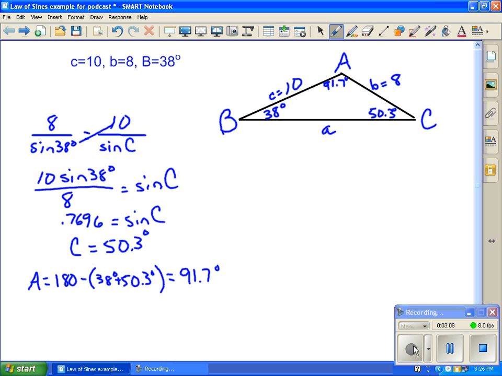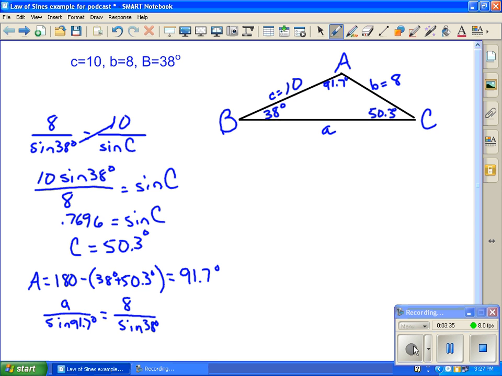Okay, and if we use the law of sines to find side a, well, side a is across from that 91.7. So sine 91.7 equals, we were given 8 was across from the 38, so I'm just going to go back to that one, 8 over the sine of 38.